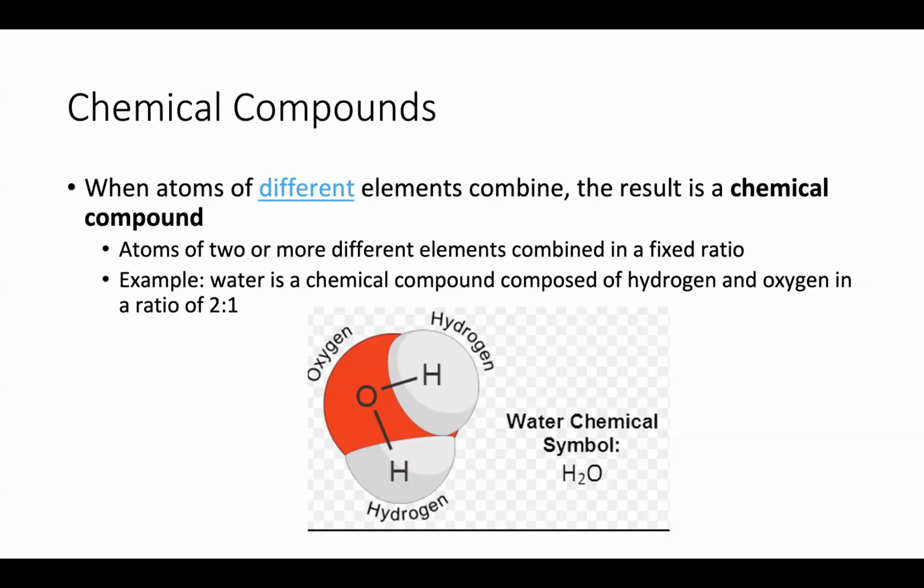Water is a chemical compound composed of hydrogen and oxygen in a fixed ratio of 2 to 1. All chemical compounds that are formed are going to have this same setup of interactions between atoms of various elements in a fixed ratio.